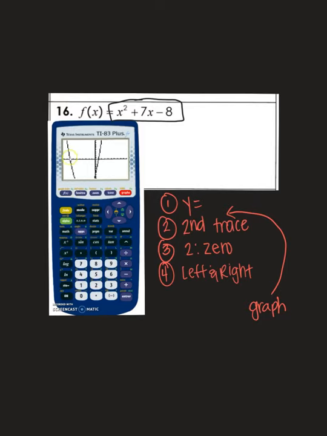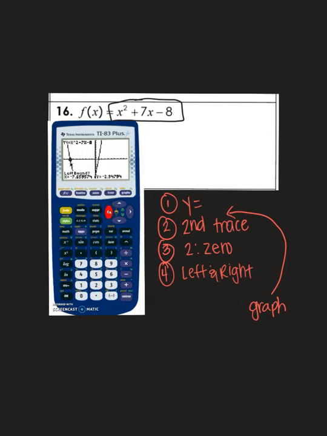Then after we hit graph, to view our zeros, we'll hit second trace, number 2, which is a 0, and we'll move our cursor left and right bounds. We're gonna scroll all the way to the left. I've decided to choose this 0 here on the left-hand side, so I'm hitting the cursor left all the way until that flashing cursor gets over there.